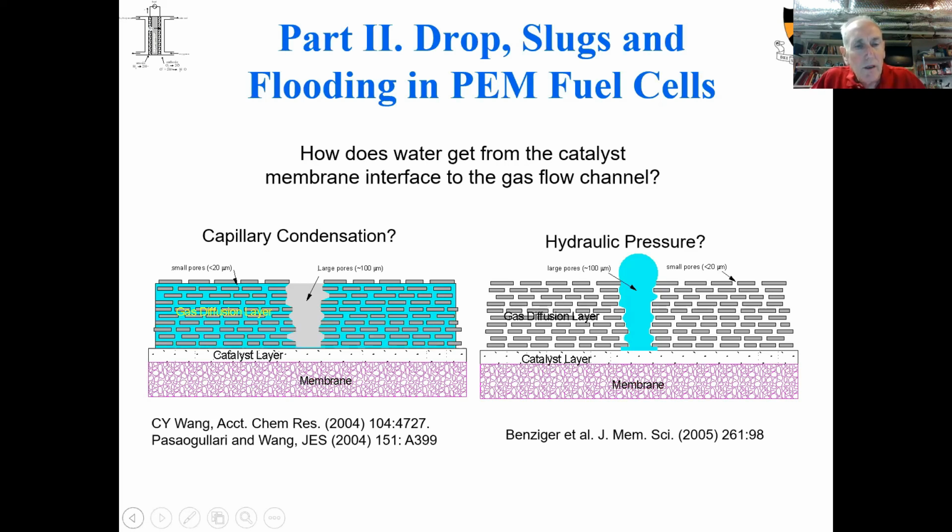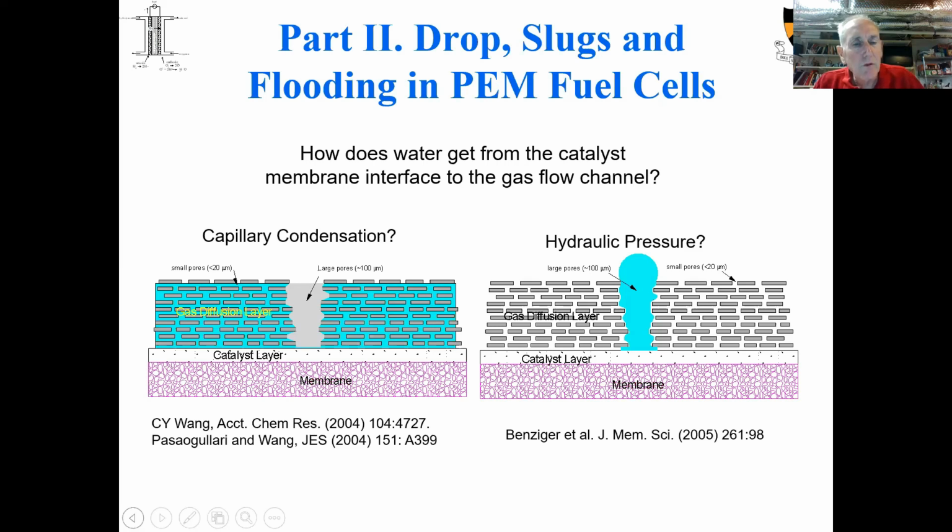Then I have a catalyst layer, which is typically small nanometer-sized platinum particles supported on a porous carbon material. And then we have a layer of highly porous carbon called a gas diffusion layer.